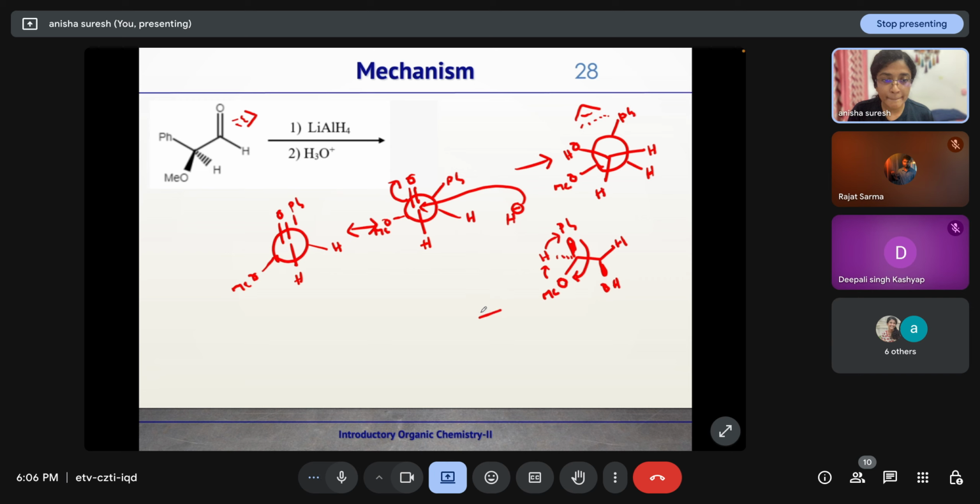So what will happen? Ph is coming here, hydrogen, OH is beta. Now methoxy will be coming alpha, and this hydrogen will be coming beta. Okay?